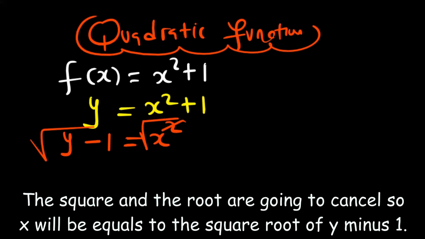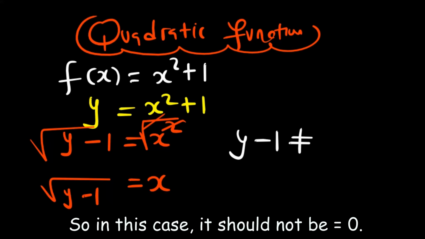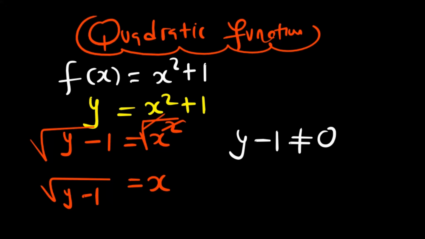The square and the root are going to cancel, so x will be equal to the square root of y minus 1. Now you get what is in the root here. It shouldn't be a negative number, so y minus 1 should not be a negative number, okay? So in this case, y minus 1 should not be less than 0. When I take the negative 1 to the other side, it's going to be a positive 1, okay?